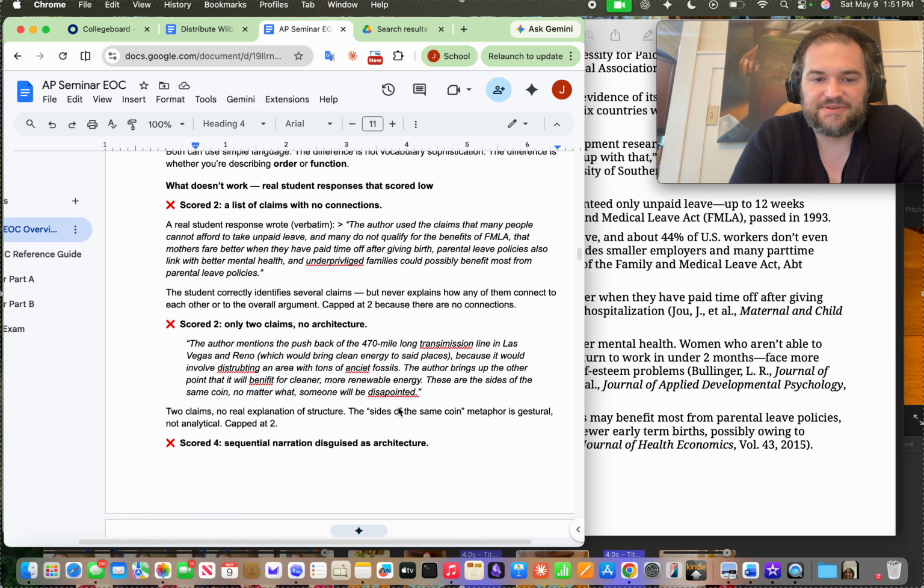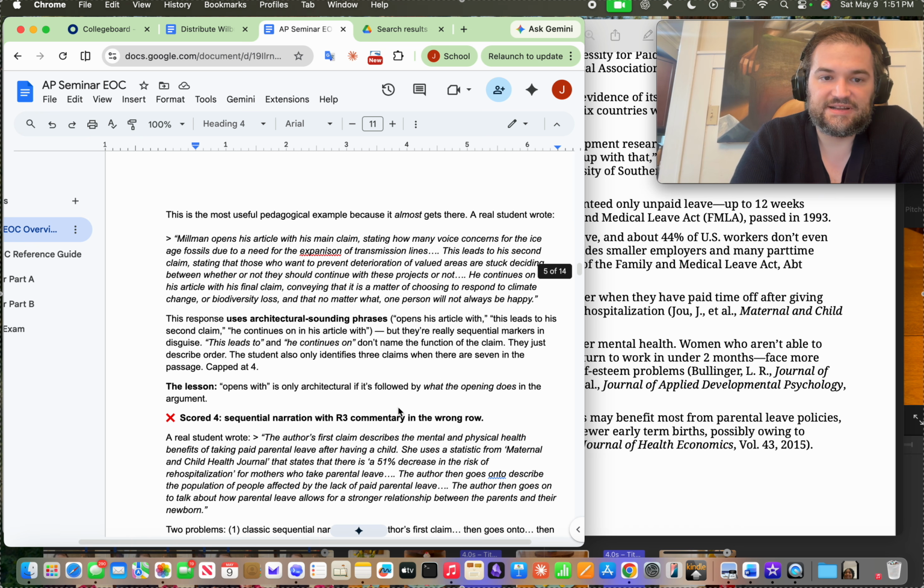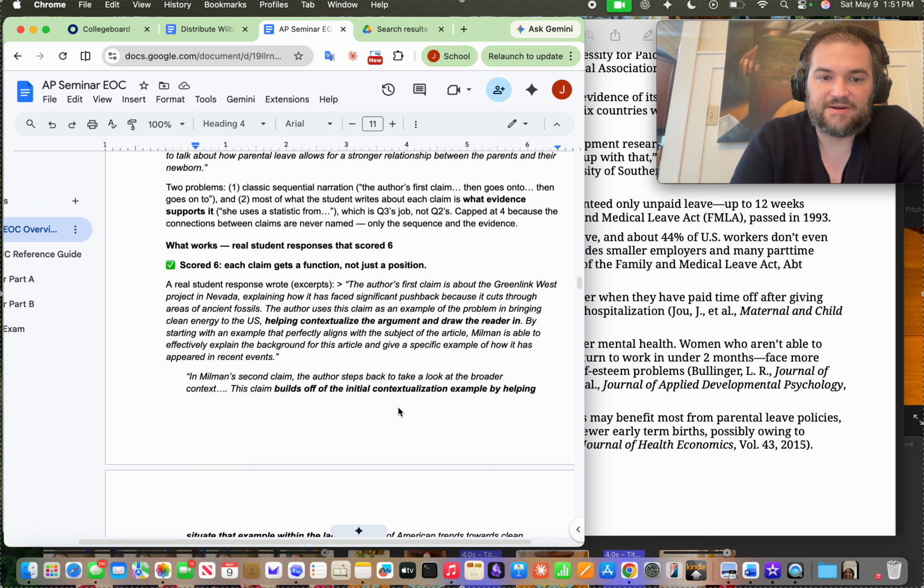So I have some examples here of language like first they did this, second they did this, third they did this, and how that scored a 2 or a 1, versus the higher ones, which talk about how the author uses the claim. Like, the author uses this claim to do this. It helps to contextualize the argument and draw the reader in. We want that more than just first this, then that.